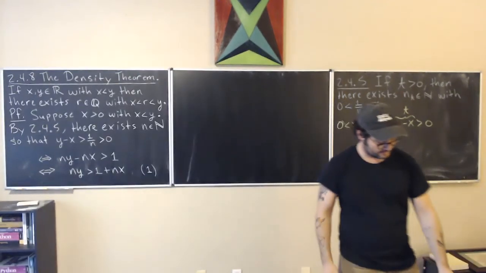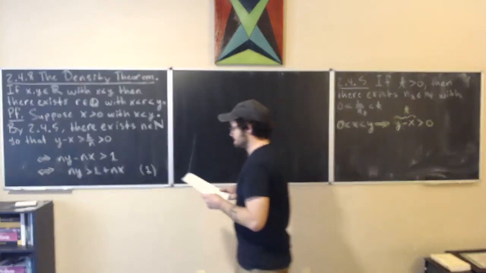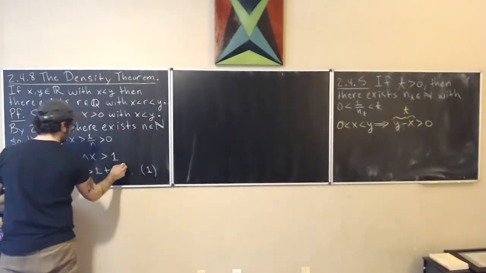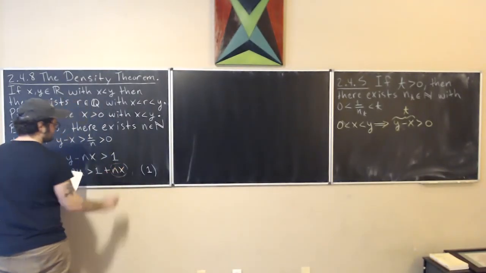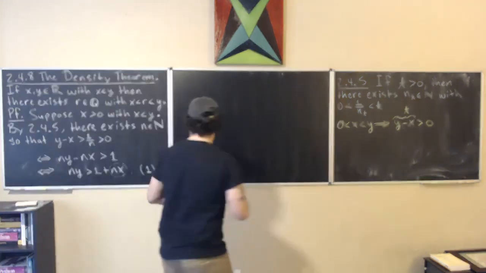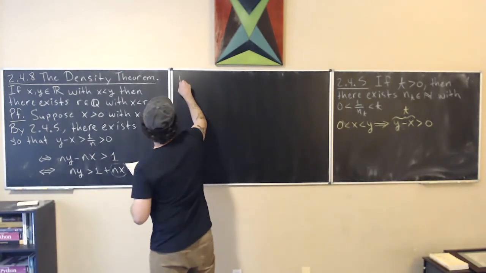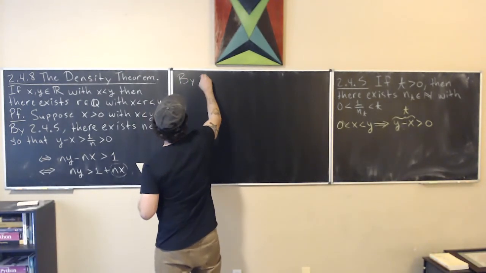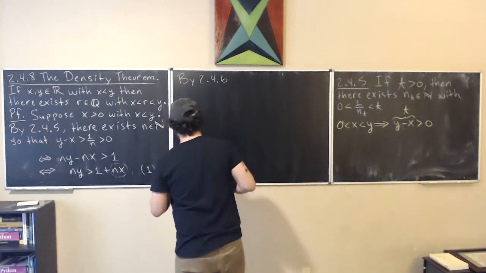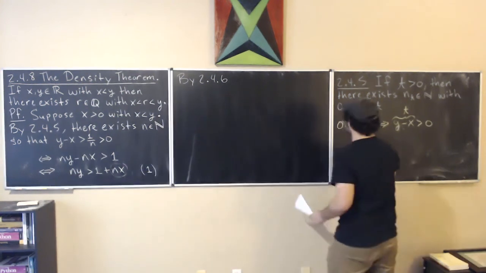Now, what can we say here? If we focus on nx, that piece right there, that's just some real number, right? It's just nx is some real number. So by 2.4.6, actually I should write out what 2.4.6 is.